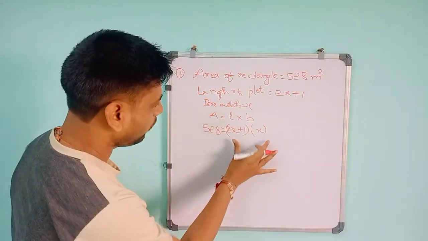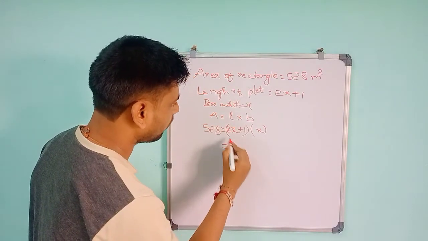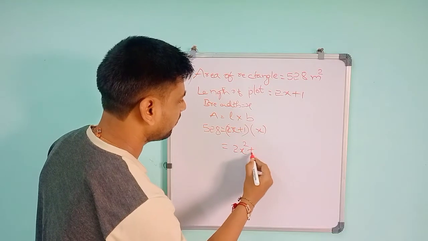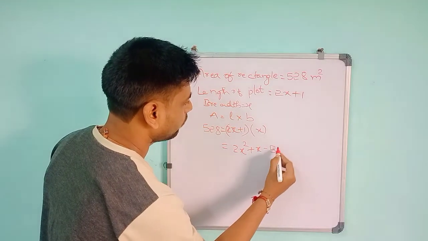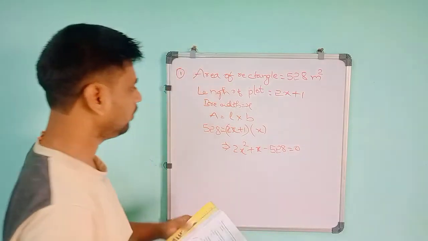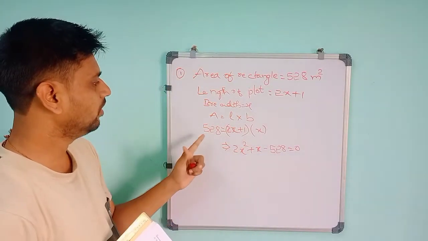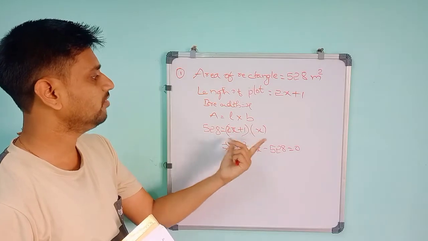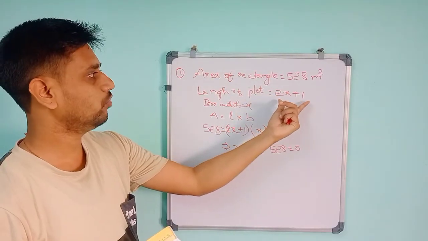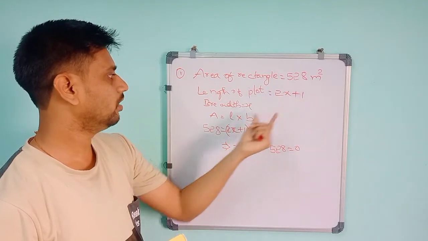528. So if you solve this equation, 2x into x is 2x square, plus 1 into x is plus x, minus 528. So we can write this in the mathematical form: 528 is equal to (2x plus 1) into x. Why? Because it is length into breadth. Length here is an unknown value, so it is written as 2x plus 1 and breadth is x.